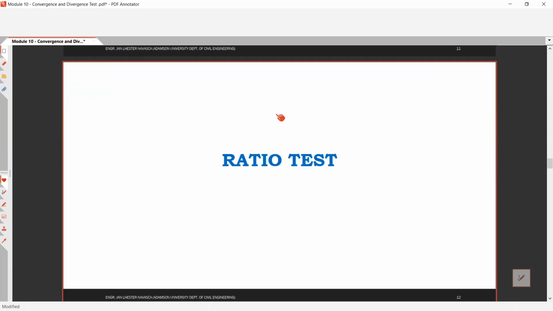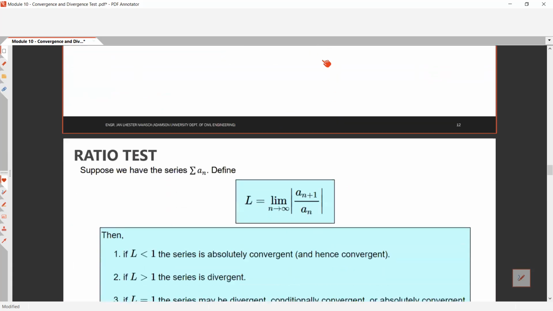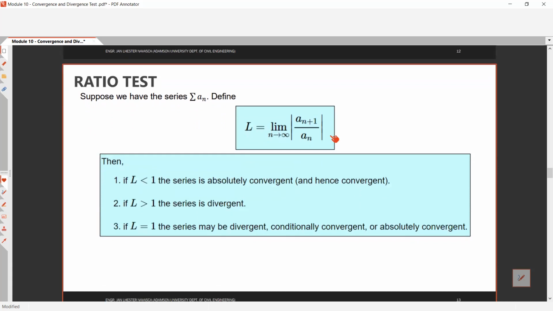So the next test is the ratio test. Suppose you have a series, the summation of a sub n, defined as this one. So the limit of the absolute value of a sub n plus 1 over a sub n as n approaches infinity. Let's say if you take a sub 1, then a sub n plus 1 is a sub 2.